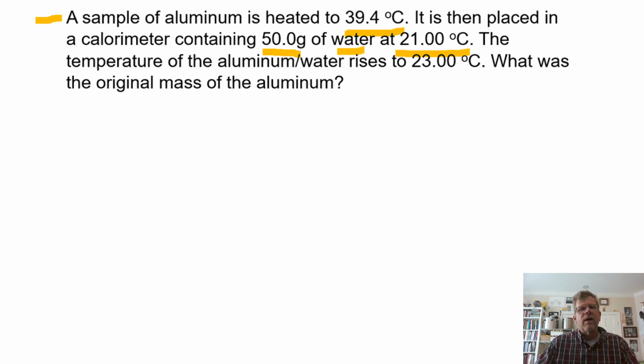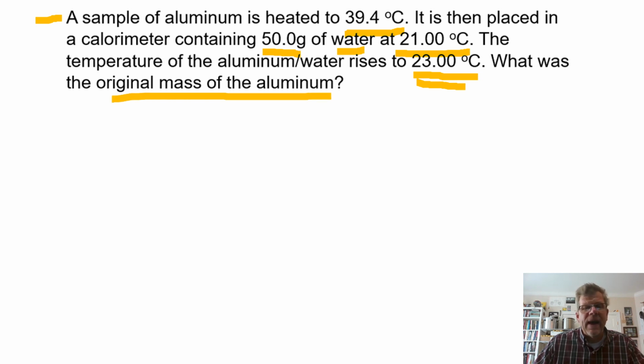The temperature of the aluminum water mixture rises to 23 degrees Celsius. That means that at the end, both the aluminum and the water, after all heat flow has stopped, are at 23 degrees Celsius. What was the original mass of the aluminum?